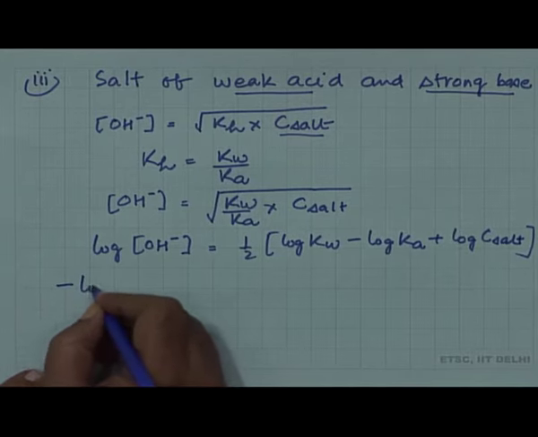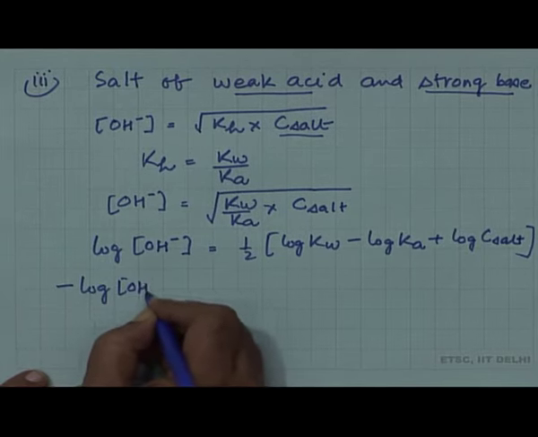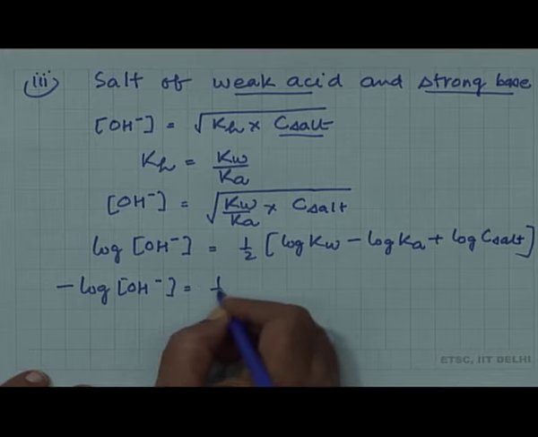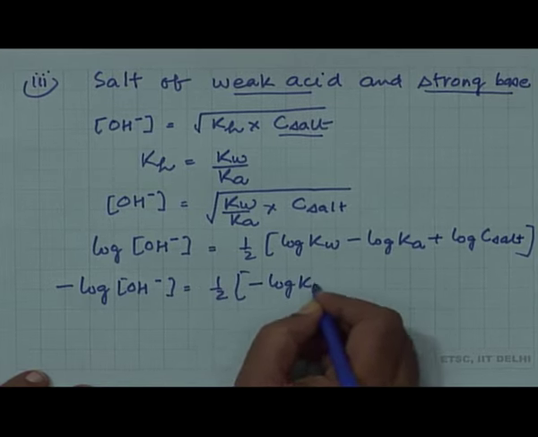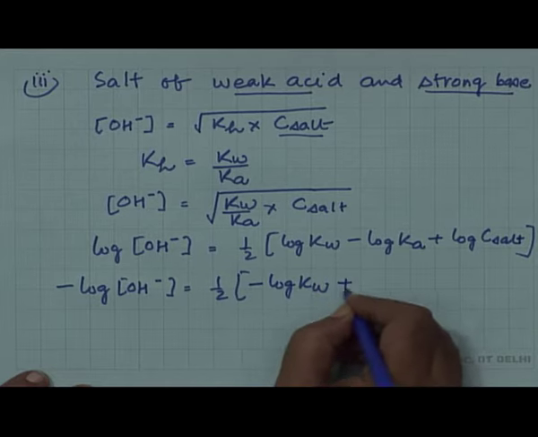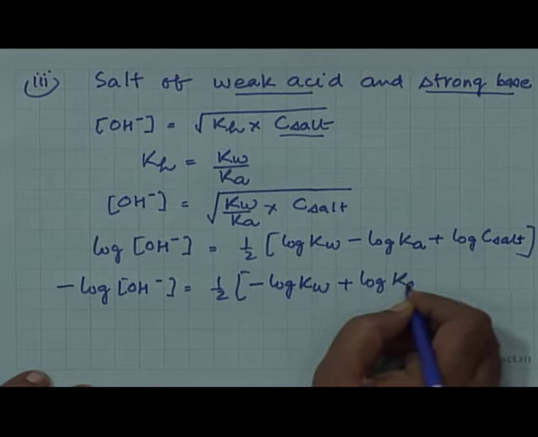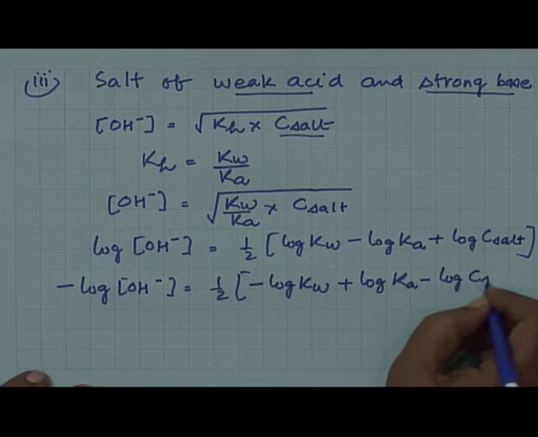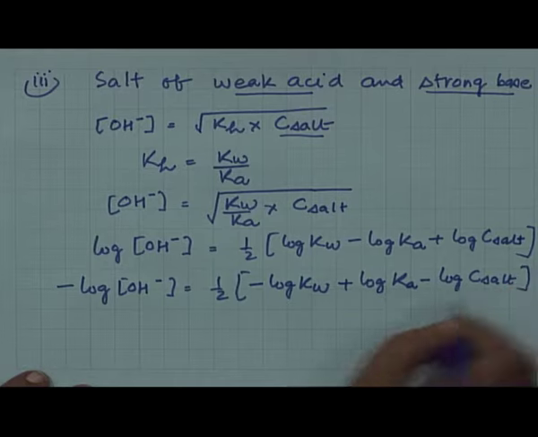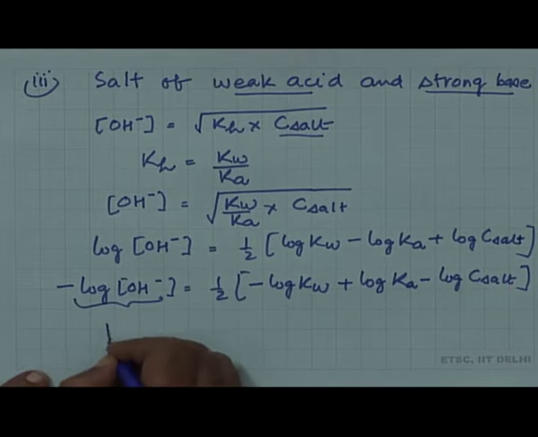Let us take minus sign both sides, is equal to half. This will be minus log Kw, minus minus plus log Ka, plus minus minus log C salt, and we know that this is equal to pOH.